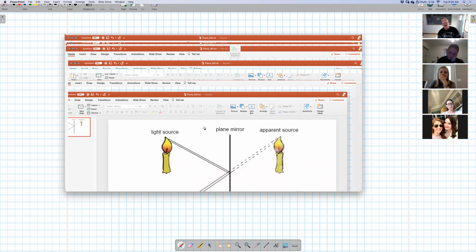Now your eye, so let's talk about your eye. Your eye is actually pretty stupid. Kind of an abrupt way of saying it, but it's kind of stupid. Your eye does what's called ray tracing. Your eye is going to follow each ray that comes into your eye in a straight line, such that it's going to think the ray came from a place that it did not come from.